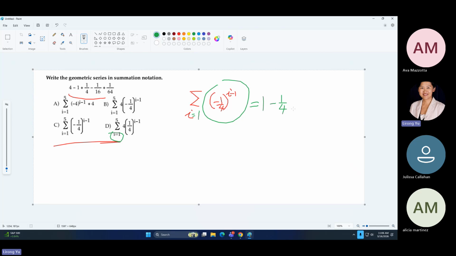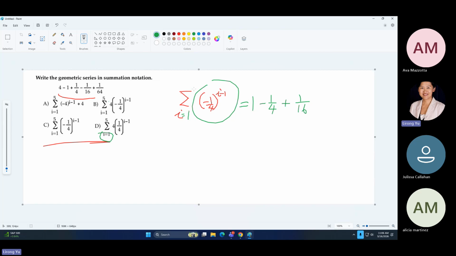And then I equals 3. 3 minus 1, I equals 3 is -1/4 to the power 2. So it's a positive 1/16. And then we go one more. There are 5 terms. The highest number will be 5, so I from 1 to 5. Since there are only 5 numbers, the next one is -1/64.